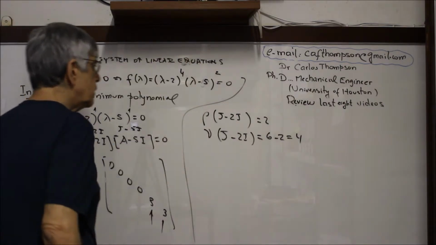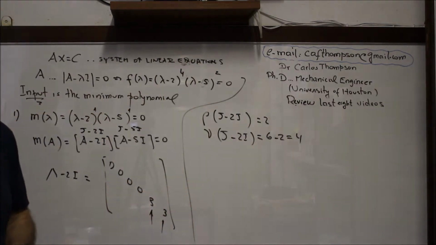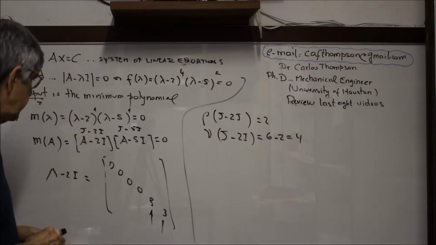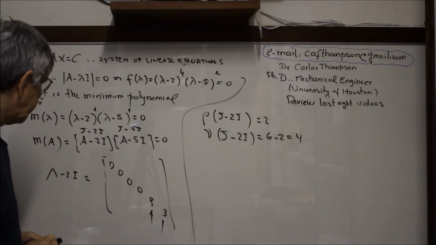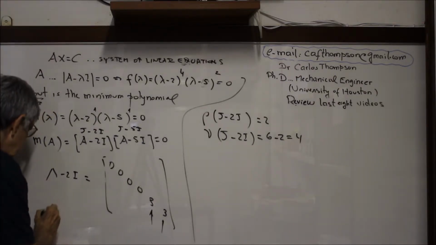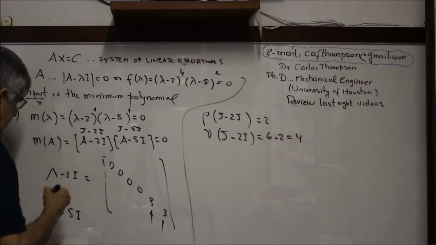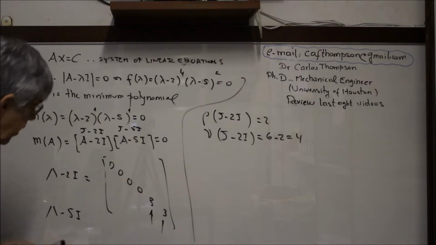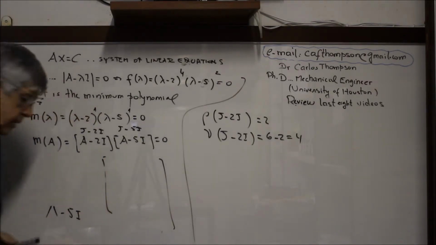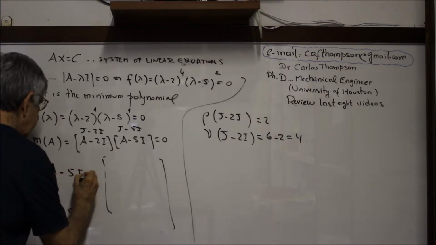Now, we can calculate all of it, and we need to solve this equation over here. Now, let's take lambda minus 5I. Let's put it here, lambda minus 5I.